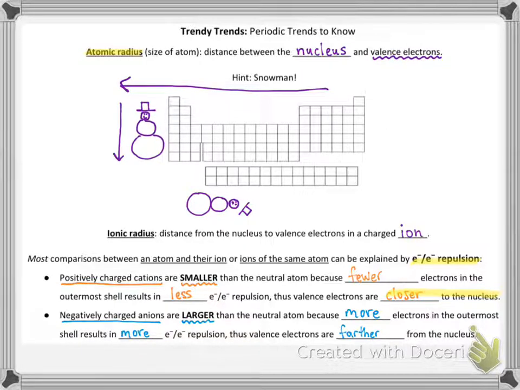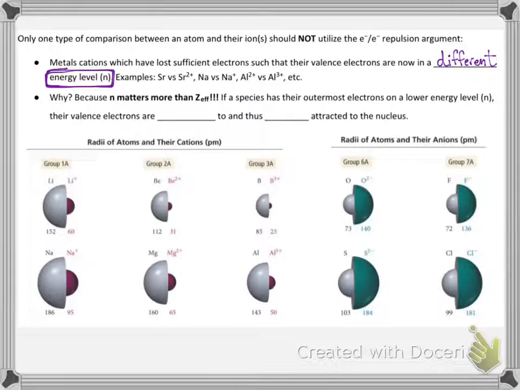There is only one type of comparison between an atom and its ion that should not utilize an electron-electron repulsion argument. This is when you're looking at ions where they've either lost or gained enough electrons that they will have lost or gained an entire energy level. Usually this means we're talking about metals and metal cations, because oftentimes metals will give up all of their valence electrons.